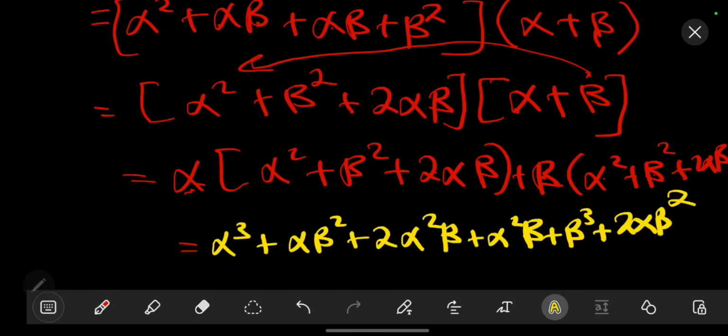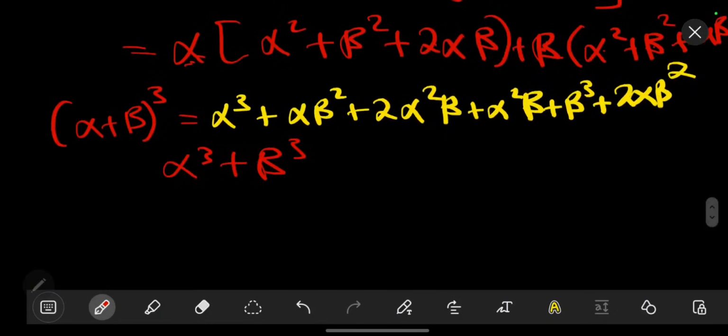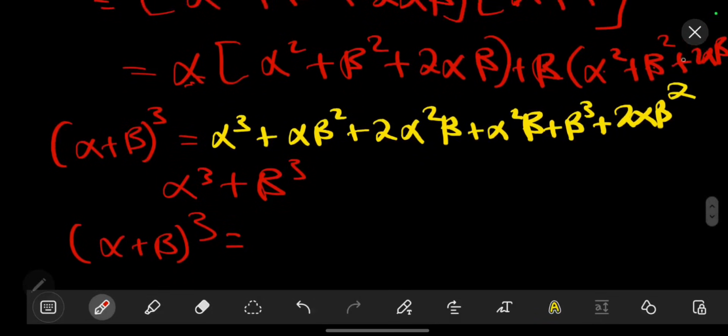So this is what we have as our alpha plus our beta to the power 3, but we are trying to find what our alpha cubed plus our beta cubed is. Keep that in mind. So now our alpha plus our beta to the power 3 should be equal to, let's add whatever is similar.